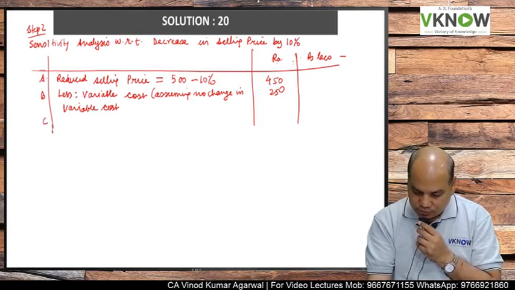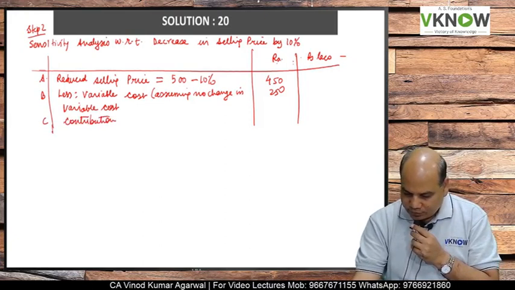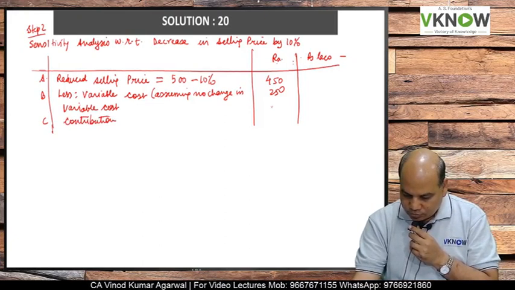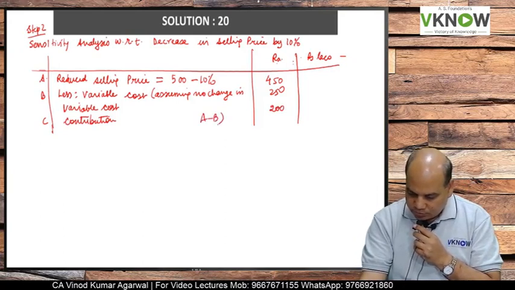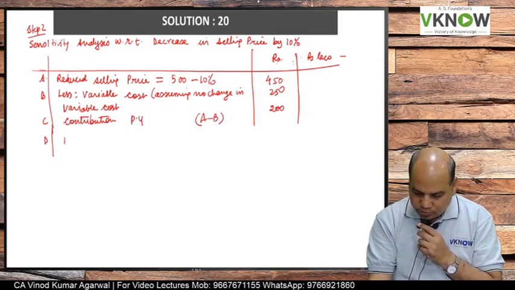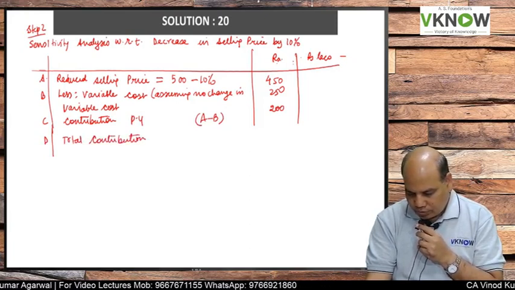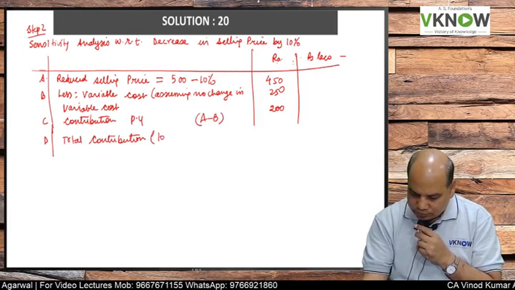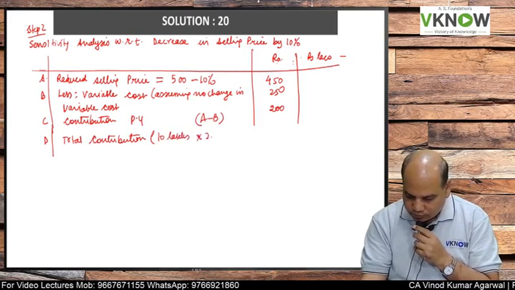So point C, contribution is equal to how much? 200 rupees, A minus B per unit. Point D, total contribution is 10 lakh quantity into 200.